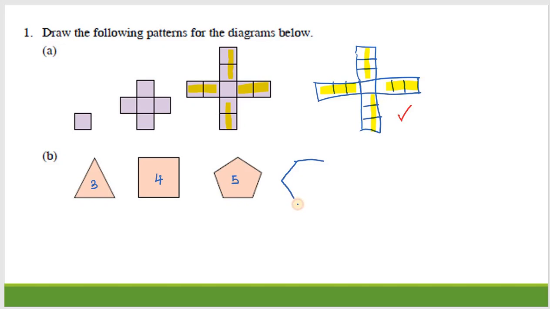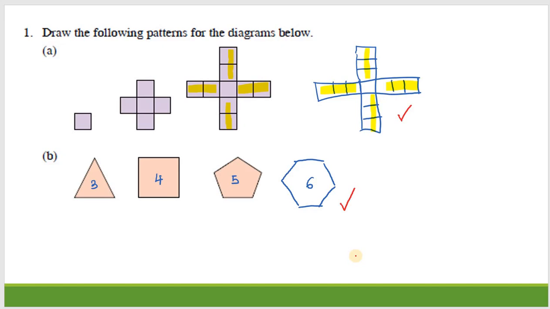Because I'm using a drawing board, I'm not using a ruler. But when you're doing the exercise, you must use a ruler. So this is a hexagon, 6 sides. Okay, same thing I mentioned already, no need to draw 4 drawings. Actually, drawing 1 is enough already. So this is the answer for questions 1A and 1B.